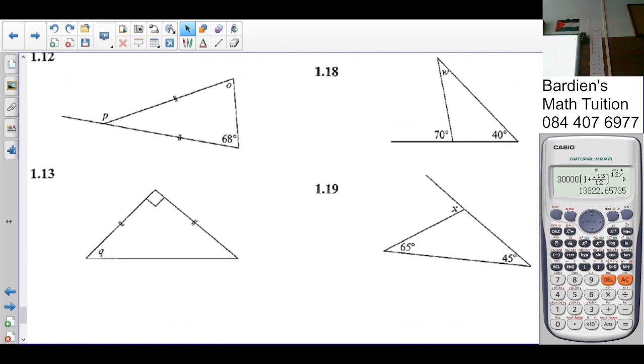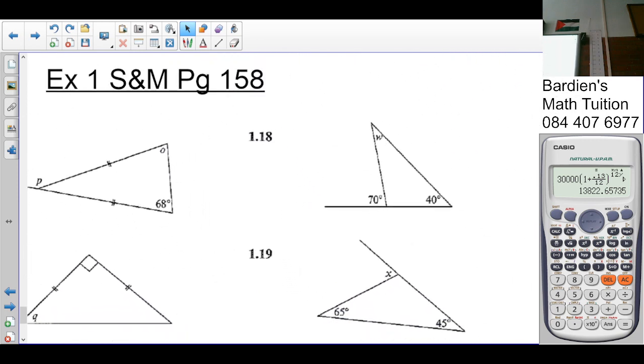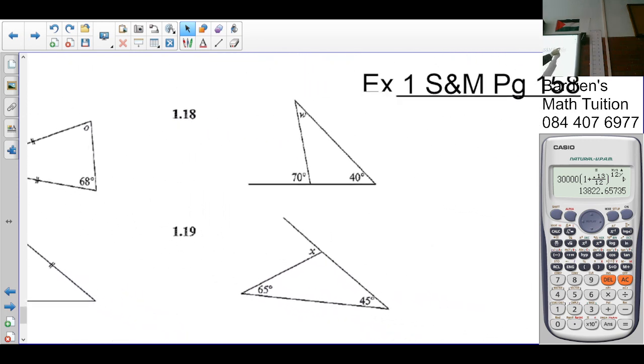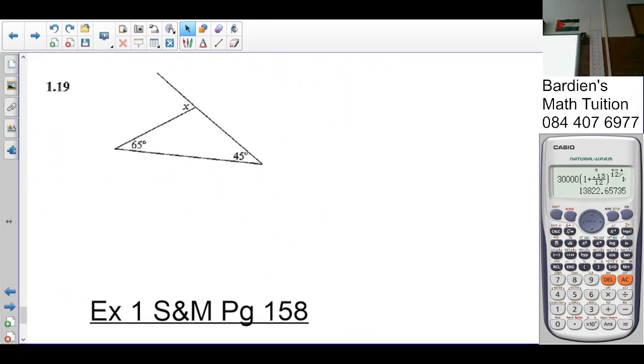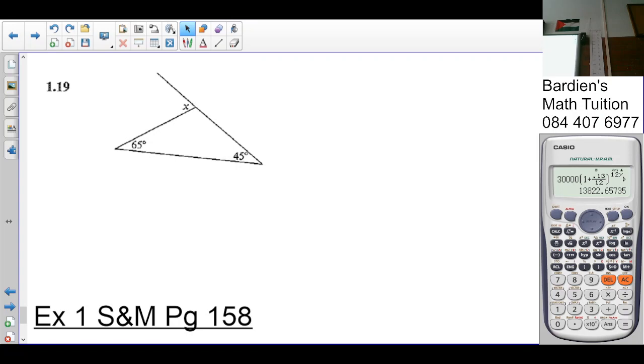Next one. 1.9. And you work this one out. X is equal to?